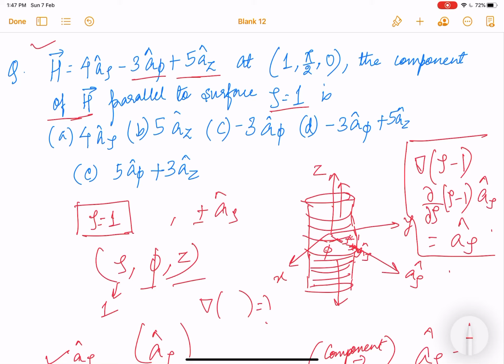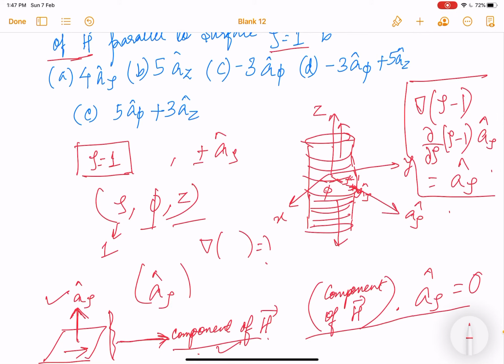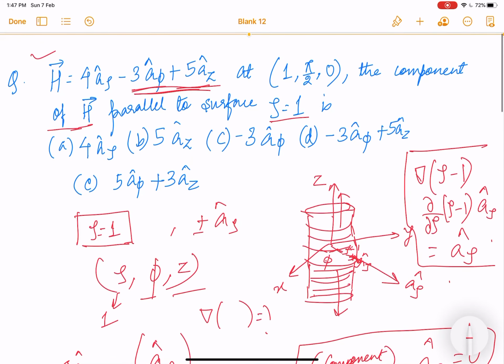So I can choose just this component of H, so that this result is satisfied. I'll neglect this, which can give me a non-zero value, but I'll choose this much, which will give me a 0 value.